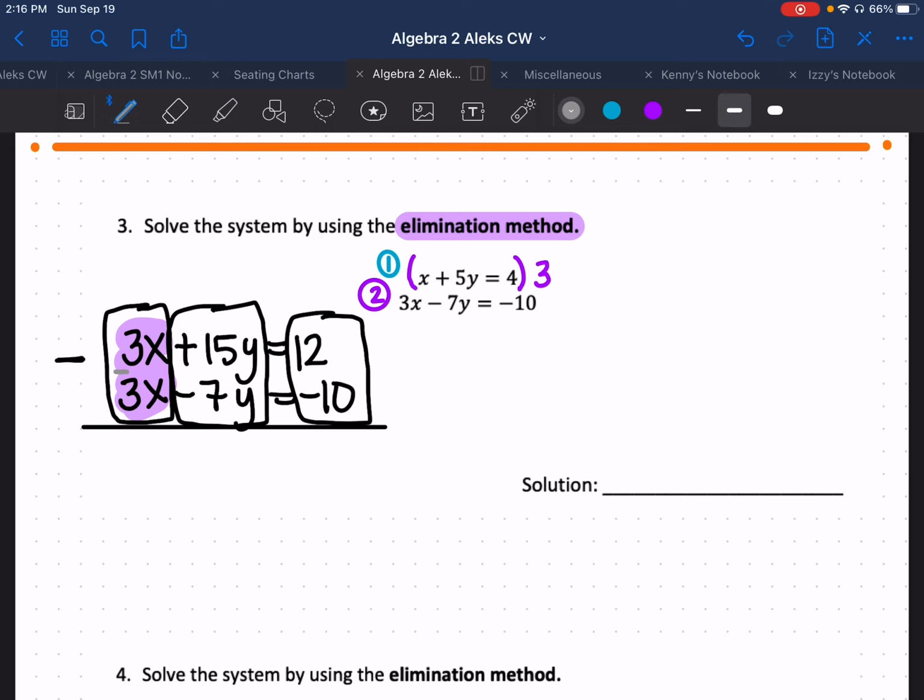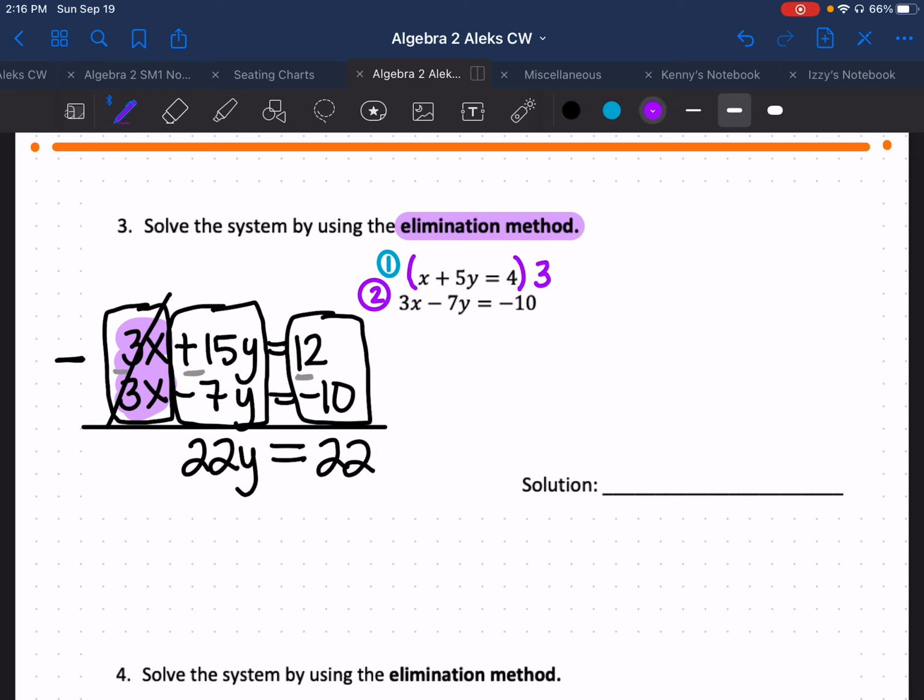So that subtraction gets pulled into each one of the boxes of like terms. 3 minus 3 is, of course, 0. It is eliminating. And then 15 minus negative 7 is going to be 22y. The equal sign must stay right here between the y and the constant. 12 minus negative 10 is 22.